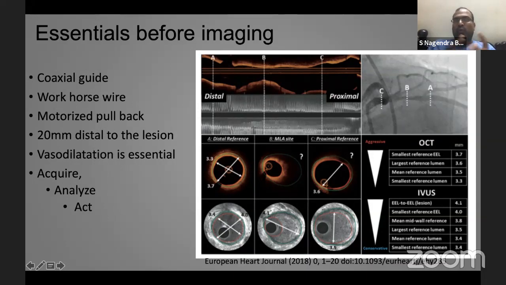So you don't see any good landing zone. You are not seeing any region in the vessel where the plaque burden is less than 50%. At that time you will go to the minimal lumen area site, go to the mid wall of the plaque to the opposite segment mid wall, and take a stent and deploy it with an appropriate strategy. And similar to the distal reference area, you can use the proximal reference area also.